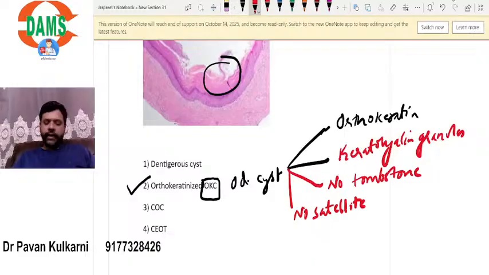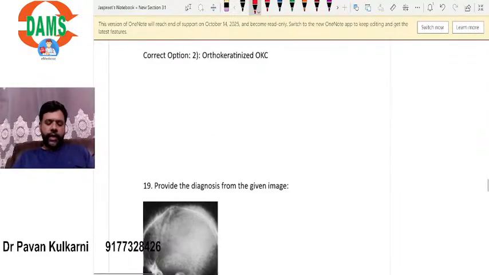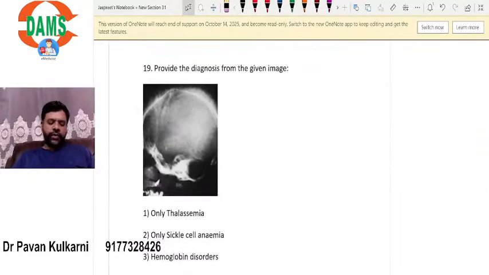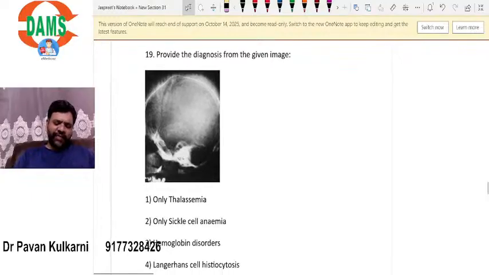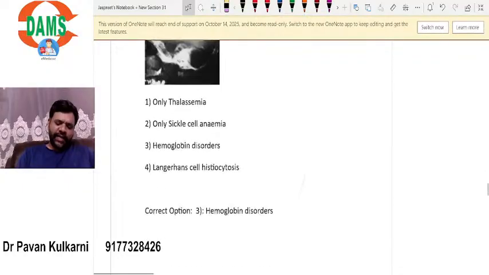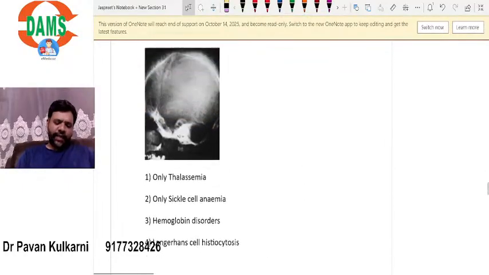Okay, great. Let us move on to the next question. Provide the diagnosis given from the image. So classically, everybody can easily diagnose this, you can see here typically hair on end appearance.